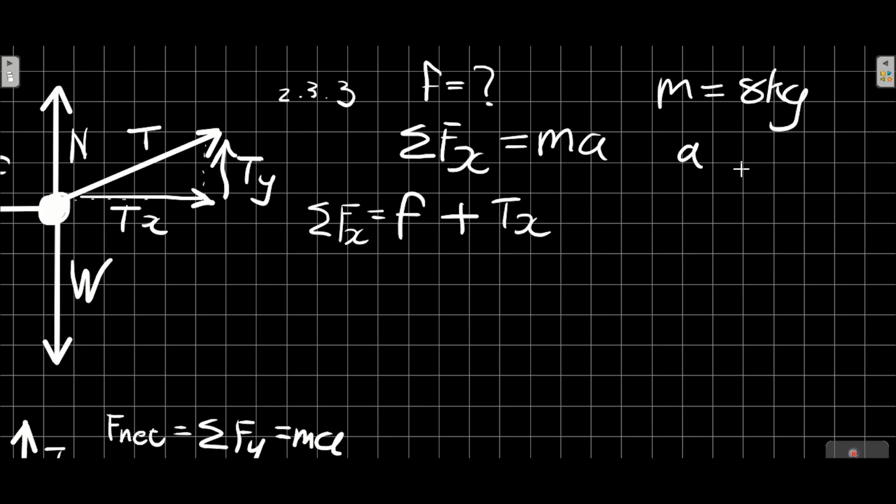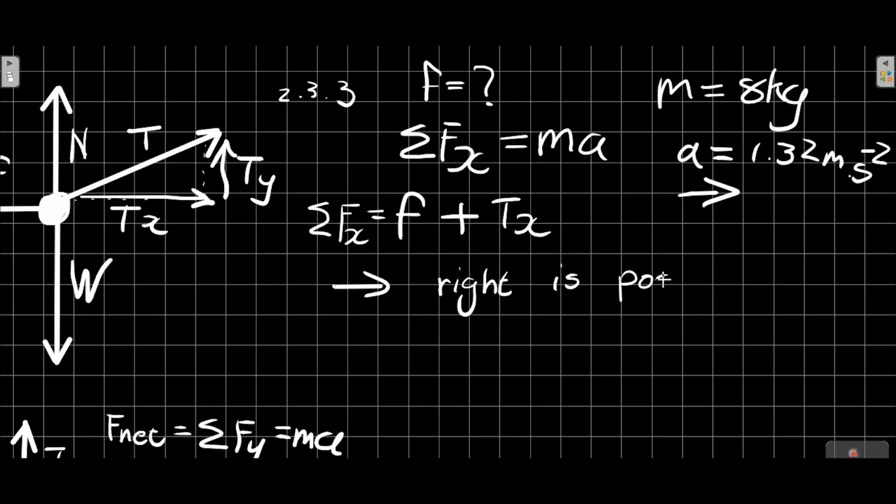Our acceleration was stated as 1.32 meters per second squared to the right. So now I have to state what is positive, what's negative. I'm going to take right as positive. You have to state what you're working with.